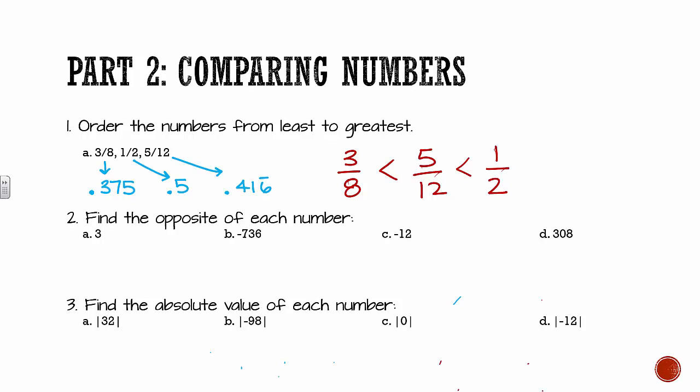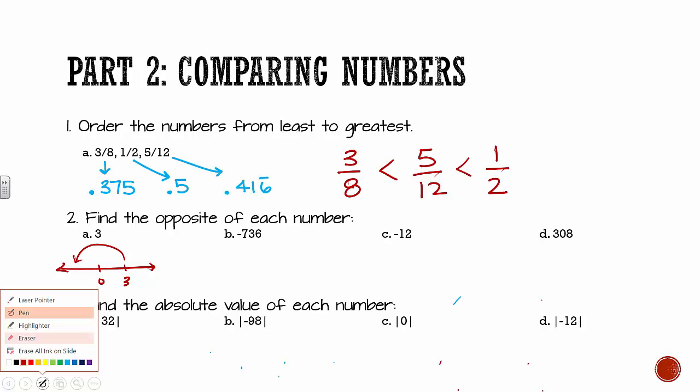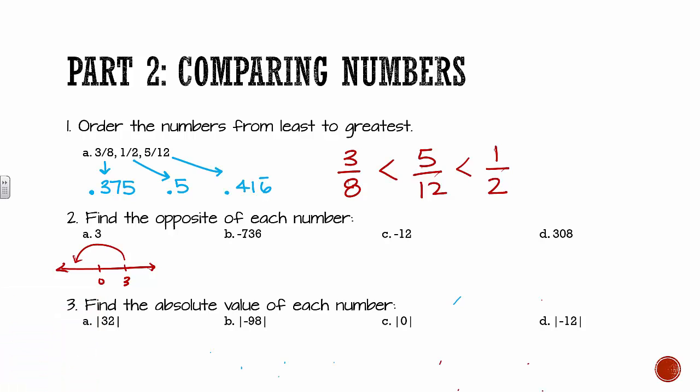Finding the opposite of each number. Remember, opposites are mirror images of the number on a number line. So if I have a number line, 0 right here, 3 is right here. If I was to flip this over and find the opposite, find what's on the other side, it would be going 1, 2, 3 on this side. I'm going to go 1, 2, 3 on the other side.